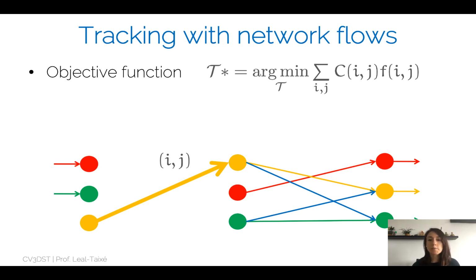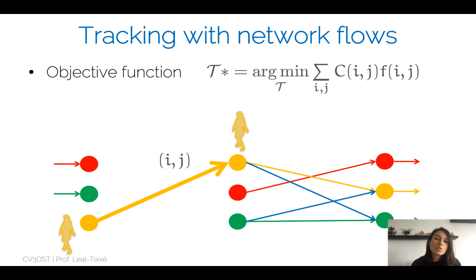High cost is bad, meaning the two detections are very different and likely do not belong to the same trajectory. And so now what I have for each edge, you can see here the depiction of the edge ij, is the definition of this cost value, which indicates how similar the two nodes i and j are, and also an indicator function f_ij.